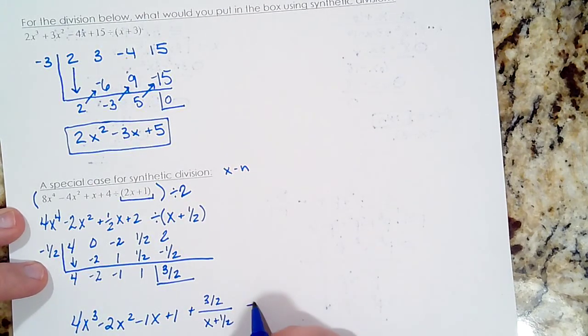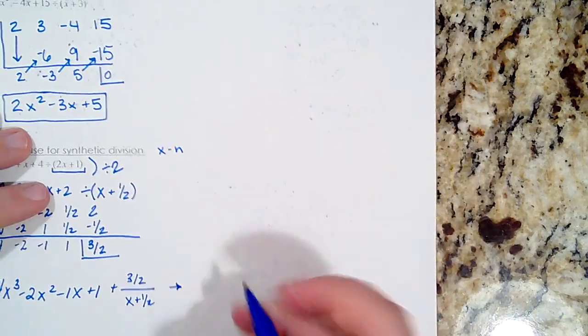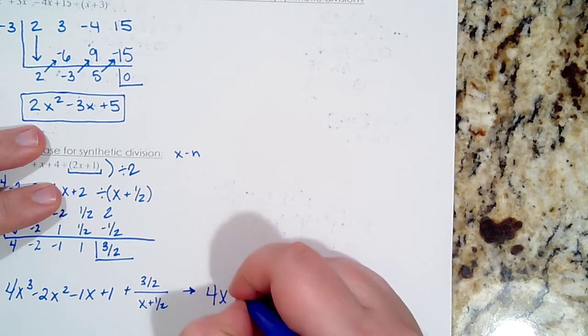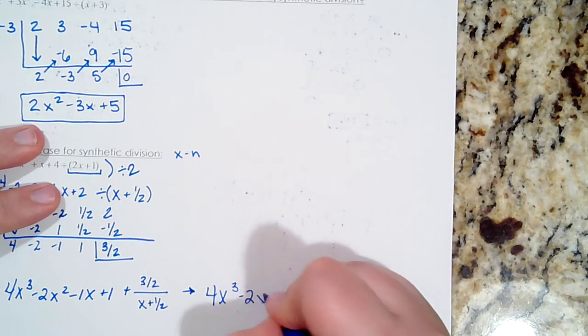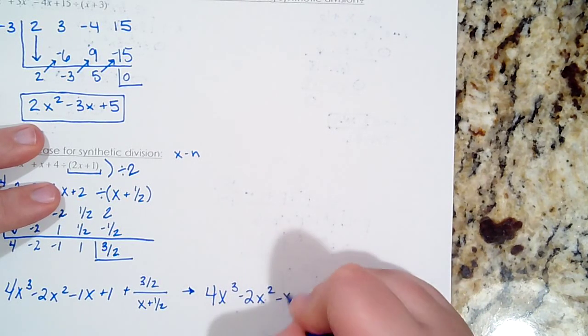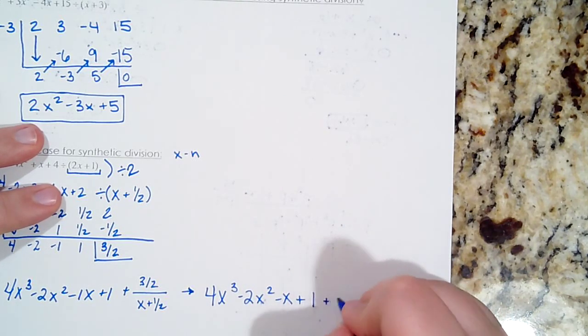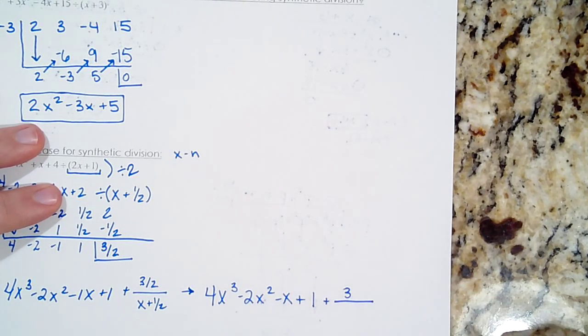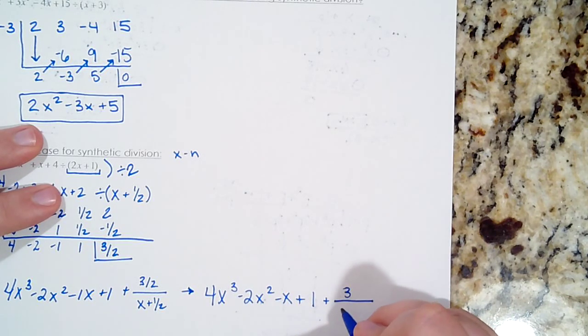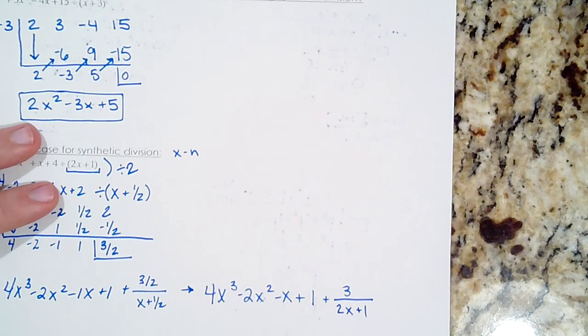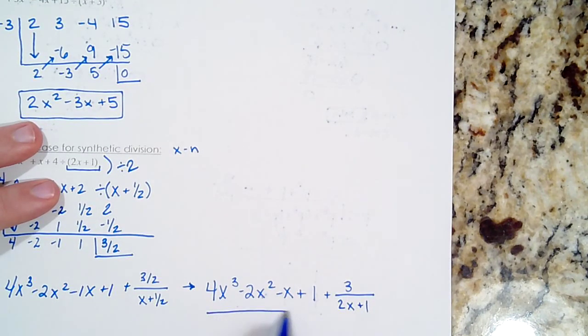So I'm going to change that up, simplify it just a little bit so that it is 4x cubed minus 2x squared minus x plus 1, and then plus 3 over 2x plus 1, just to make it a little more simple.